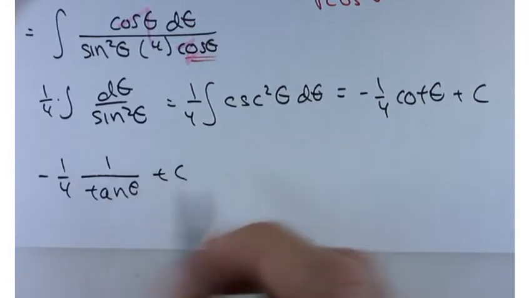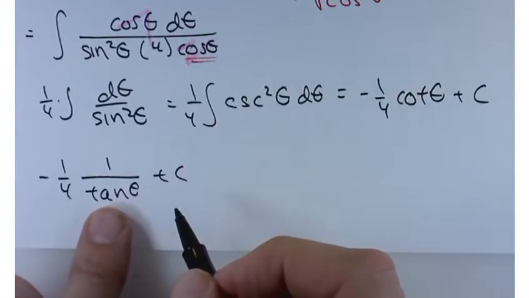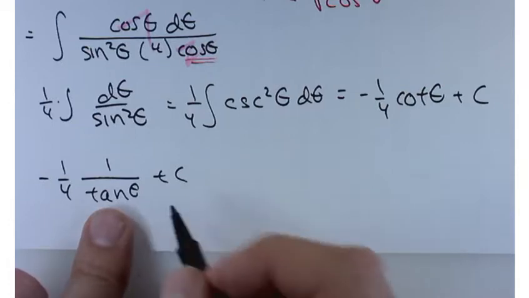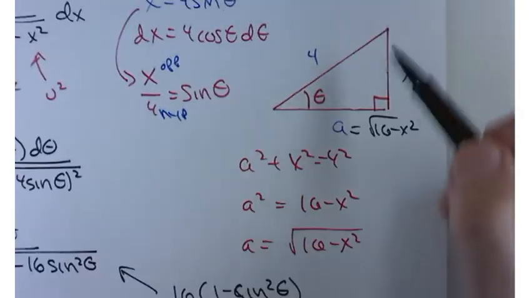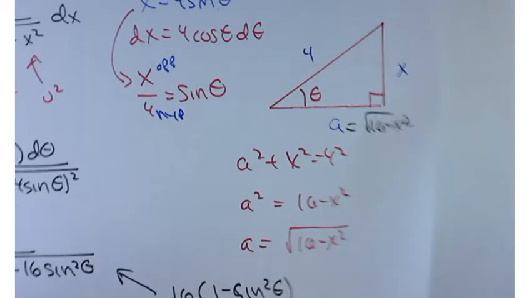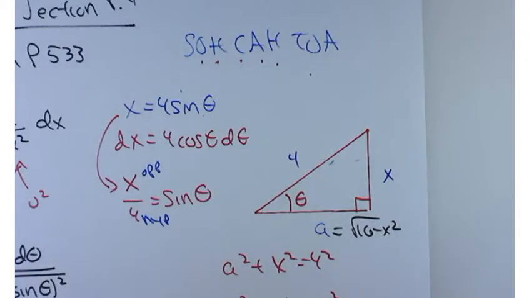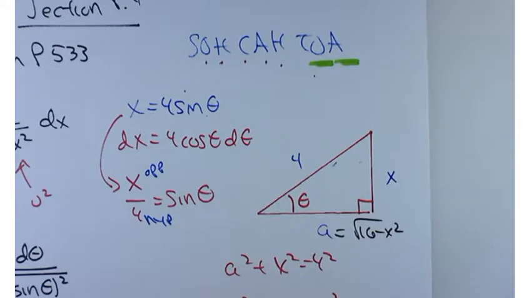Remember that triangle we drew way in the beginning of this problem? Let's go back and take a look at what the tangent of theta is going to equal. Now, I reworked it so that we were using the tangent, that we can use some familiar ones here. Tangent of theta is the opposite over the adjacent. So, what's the opposite? X, and the adjacent is the square root of 16 minus x squared.